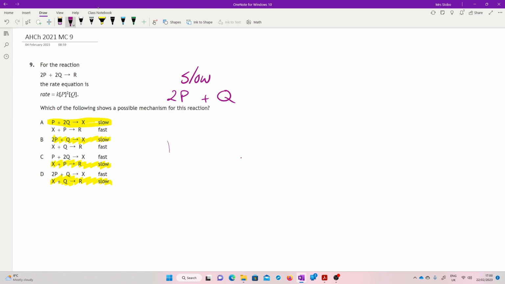So now you just look at your slow steps and find one which has 2 P's involved and 1 Q. So it's not A, B's good. And just to check, it's a P and an R, so it's definitely not C. Oh sorry, looking at the fast step here, I was thinking that works, but that's the fast. Q and R for that one, so that doesn't work either.